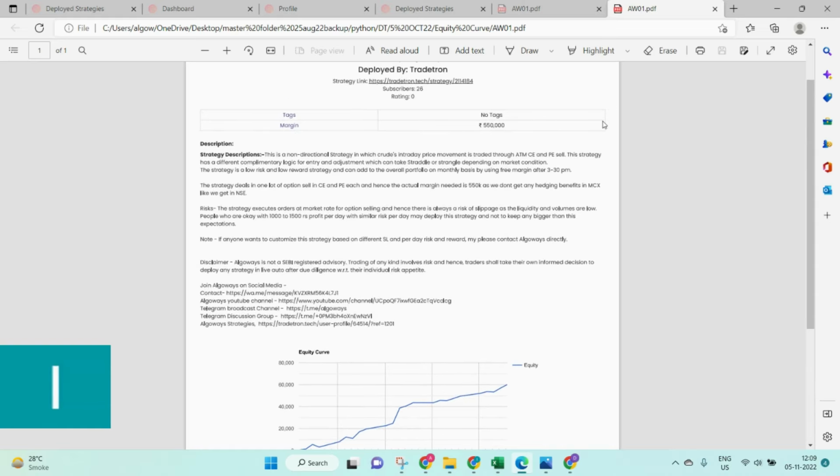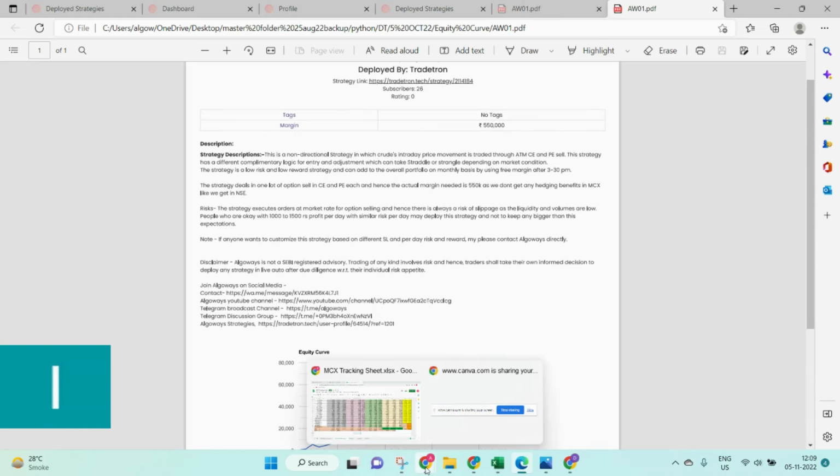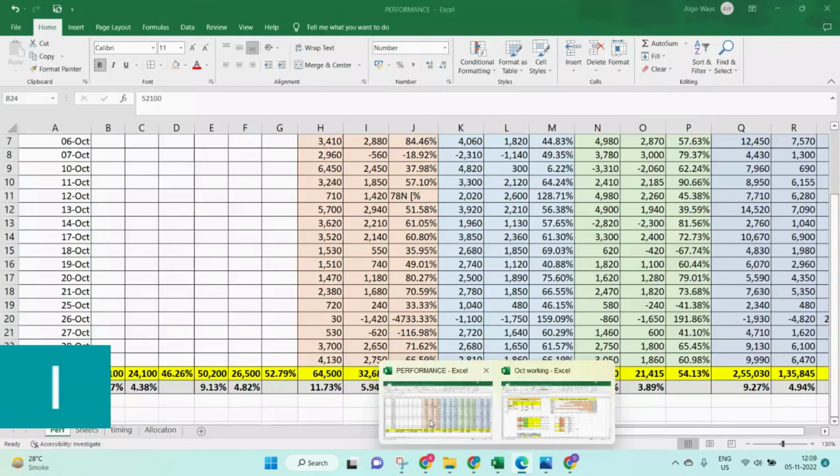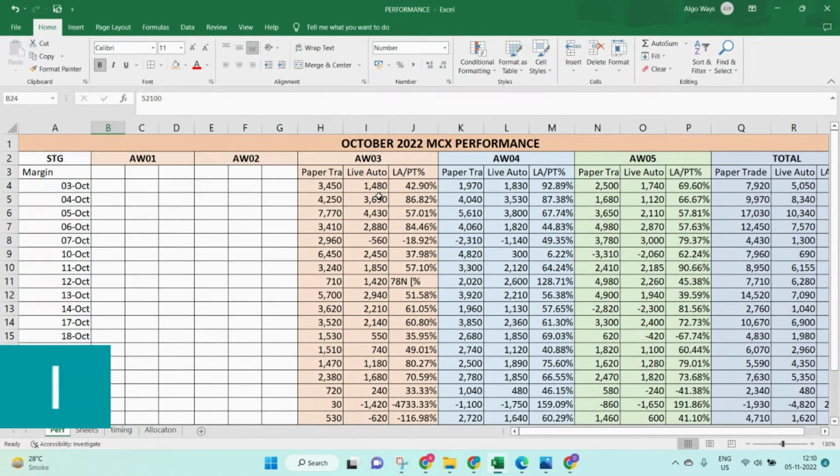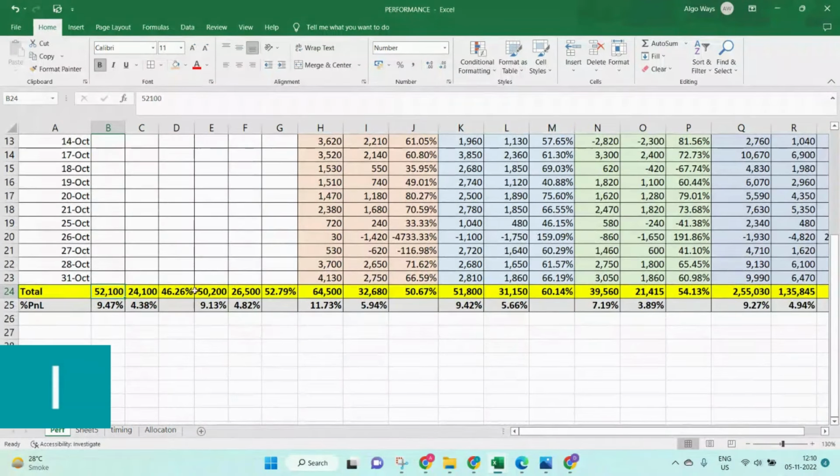For comparison purposes, I am putting the paper trade as well as the live result on a daily basis, so we can compare how much we are getting. In case of strategy 1, we got 24,000 as net realized profit in our account in live trading, vis-a-vis the 52,000 rupees profit in paper trade.